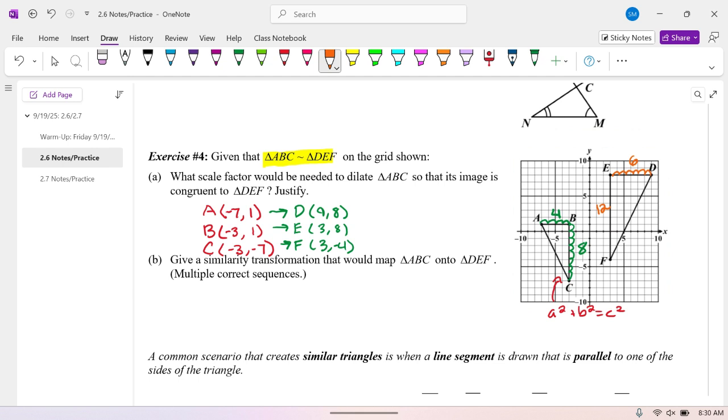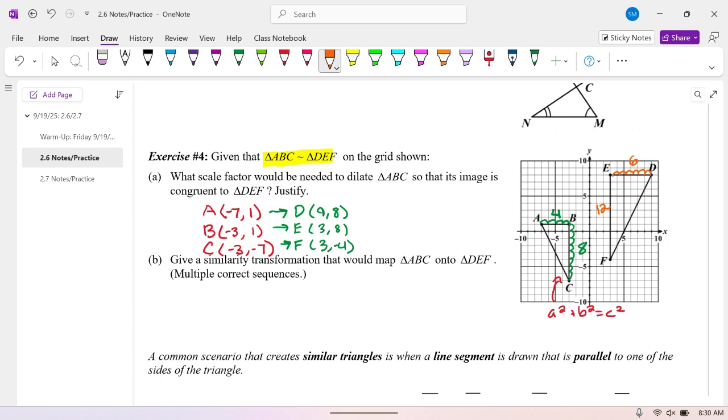But whatever we get for that, we need to double check with another set of side lengths in order to make sure that that's our actual scale factor. Because human error happens. All right. So my recommendation, if it ever asks you to find the scale factors from a triangle and they gave you the triangles, use at least 2 sides to double check what it is.